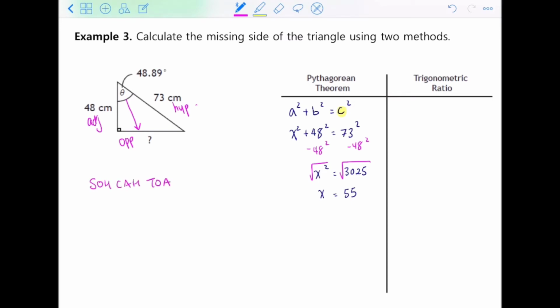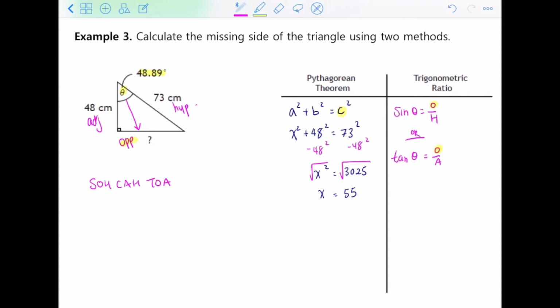This time we just need to make sure we have opposite because we're solving for opposite. And with the angle theta, we need either adjacent or hypotenuse. So we can use either sine theta equals opposite over hypotenuse, or tangent theta equals opposite over adjacent. You just gotta make sure that there's only one missing value, and in this case it would be the opposite side.